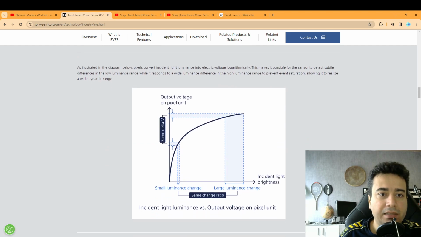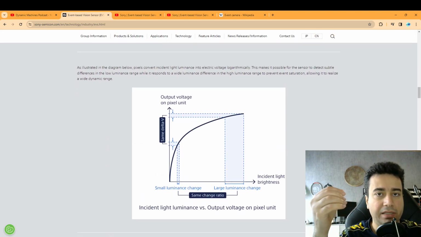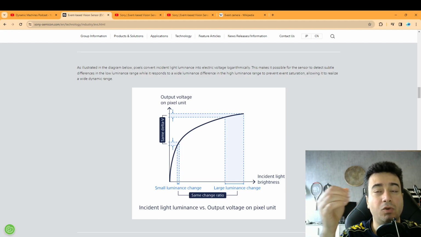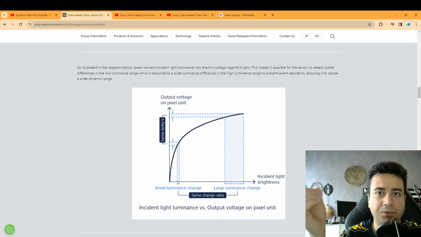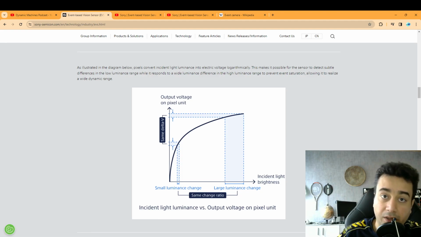And next, as I said, one of the benefits of EVS over frame-based cameras is that frame-based cameras in exposure light get blurs, and it's quite hard to detect any object with these cameras. But for EVS or event-based cameras, it's not like that.